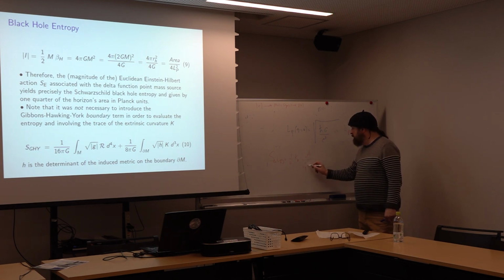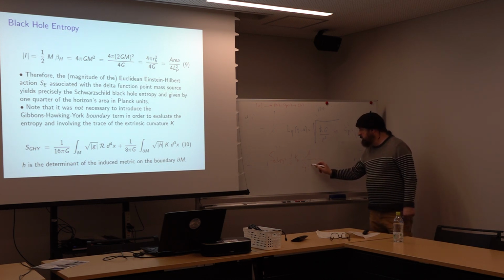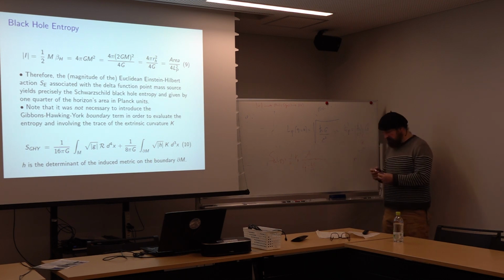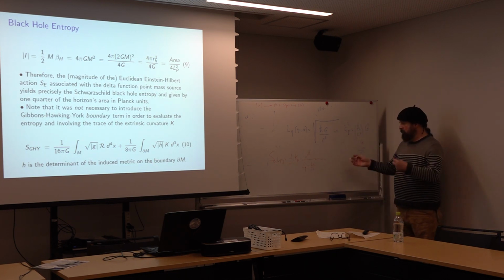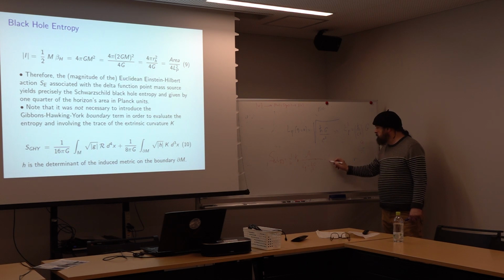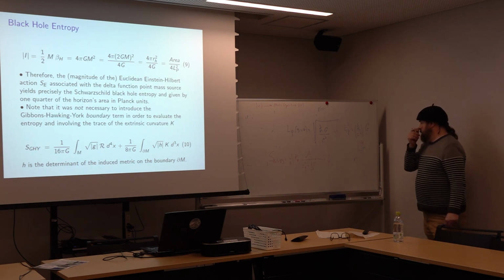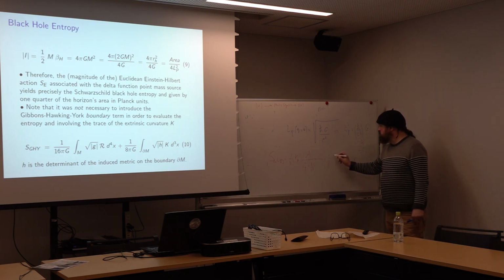But remember, the Planck length squared, I told you, in 4 dimensions is equal to h bar G divided by c cubed. So when you bring all these constants together, when you arrange everything, I'm going to write 1/4 here to tell you that the entropy is always proportional to 1/4 of the area. So you're going to have the Boltzmann constant over here.